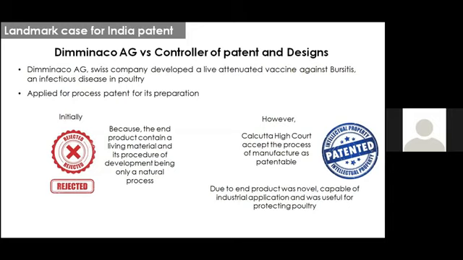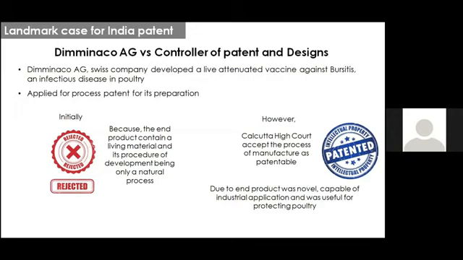And Calcutta High Court accepted the process of manufacture as patentable. The reason the Calcutta High Court gave was that though the end product is a living material, that cannot be the only reason to not grant any patent. Second, the end product is novel and does have the capability for industrial application, and it is very much useful in preventing the disease in poultry.